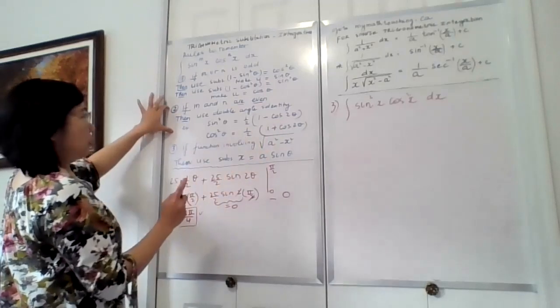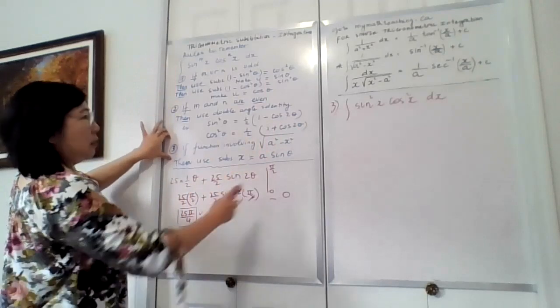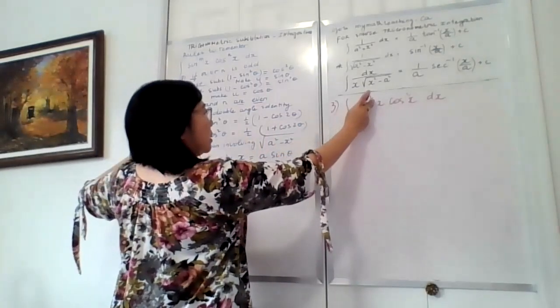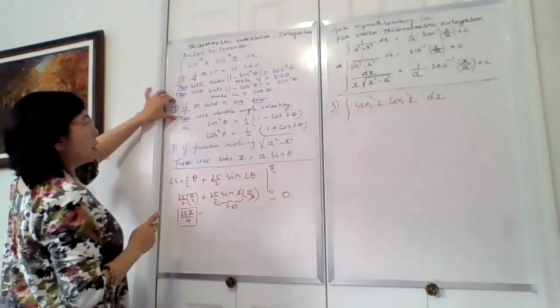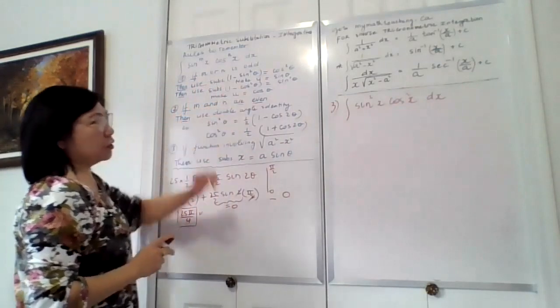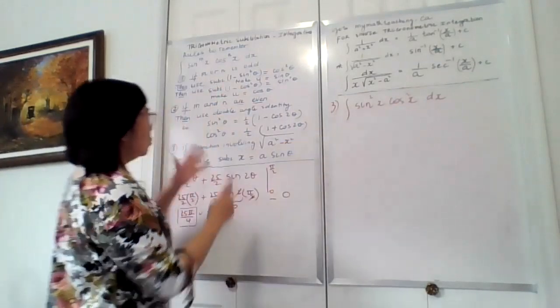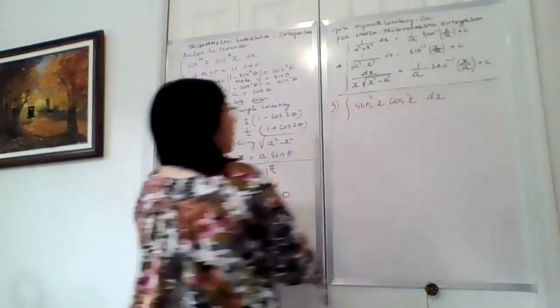What tip will we use? Do we use this one, or this one? It doesn't look like m is odd and n is odd. So we're going to use the tip where both m and n are even powers, so we apply this double angle identity, right?